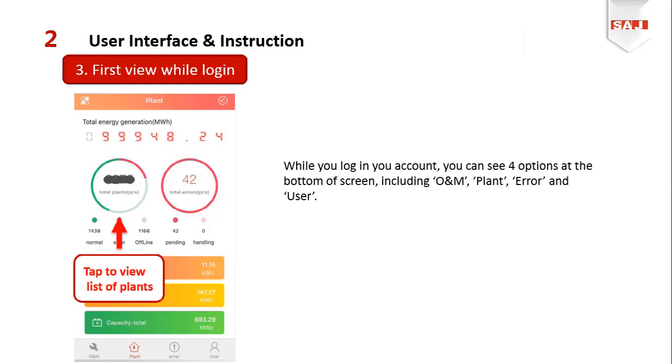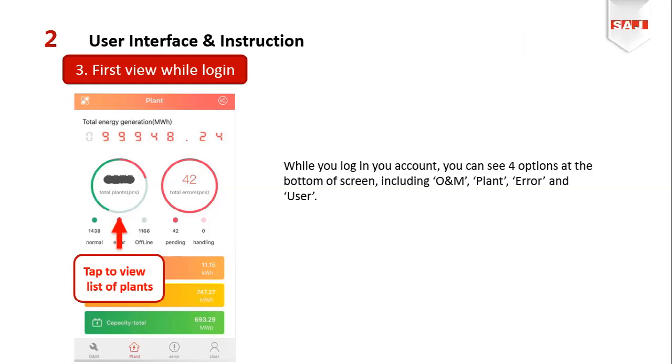At the same time, you can go through today's energy, monthly energy, and the total energy. You can tap inside to go through more detail of all plants inside your distributor account, like the current, the voltage, and the AC output power.